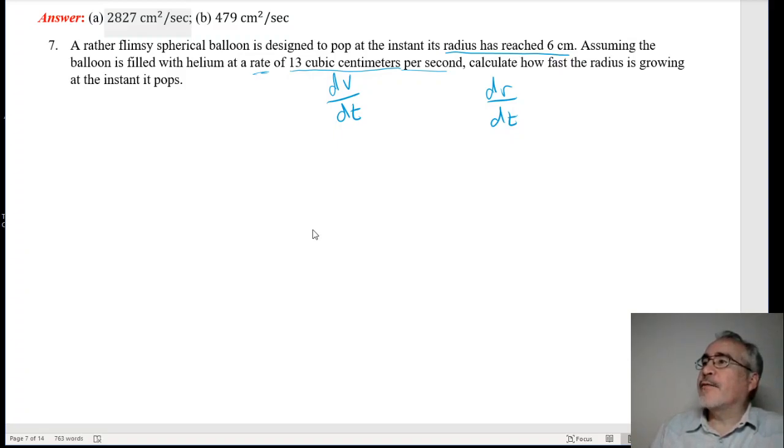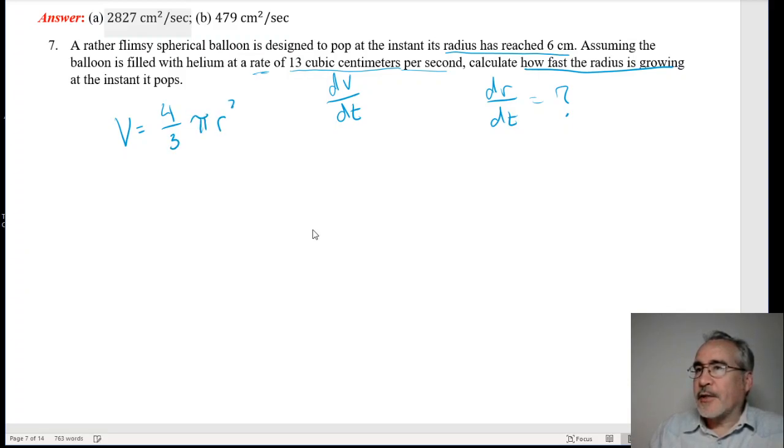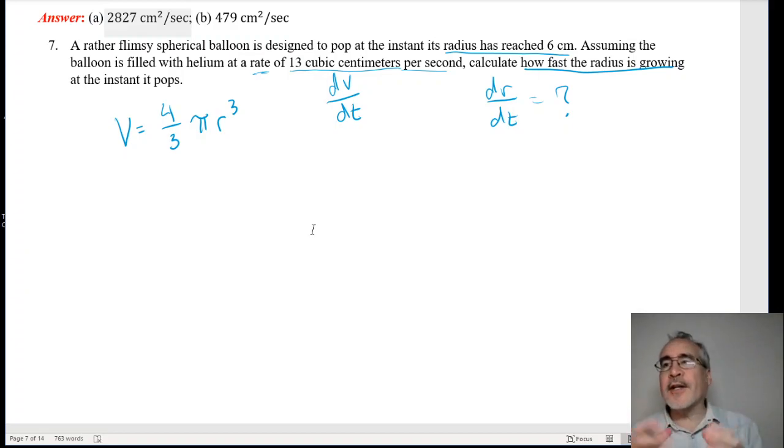So how fast? That's the question. We want to know this rate. So we have to relate it to a volume. Let me see if I can remember this correctly. The volume of a sphere, I think it's 4/3 pi r cubed. I know it's cubic because it's volume.